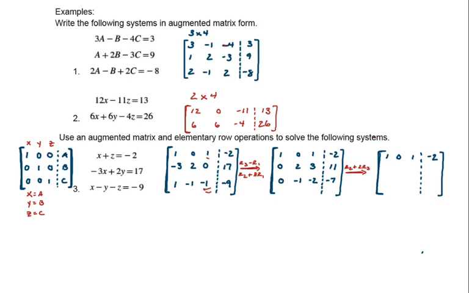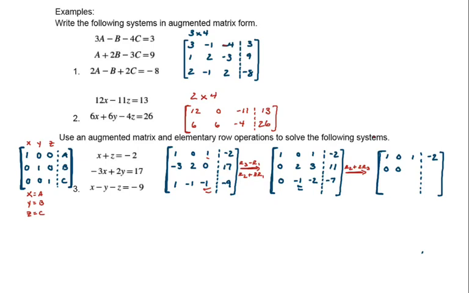So what I'm going to do is take row 2 and then add 2 times row 3. So my row 2 would become 0 as the first entry because 2 times 0 is 0, added to 0 is 0. And then if I take 2 times row 3, that makes this entry negative 2. And if I add it to row 2, I should get 0 as my second entry.